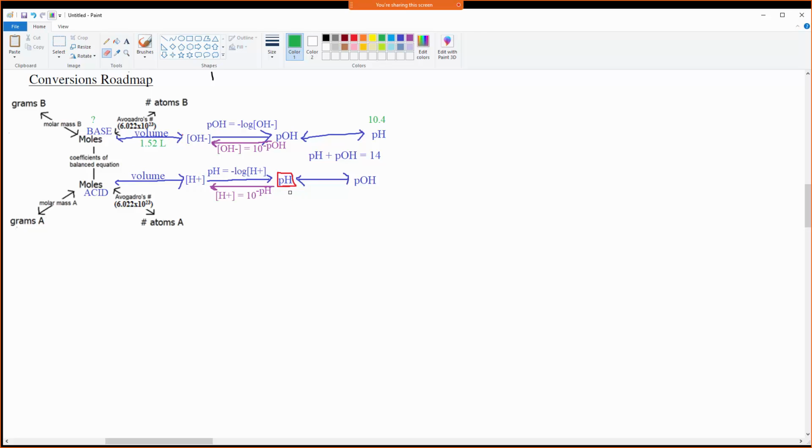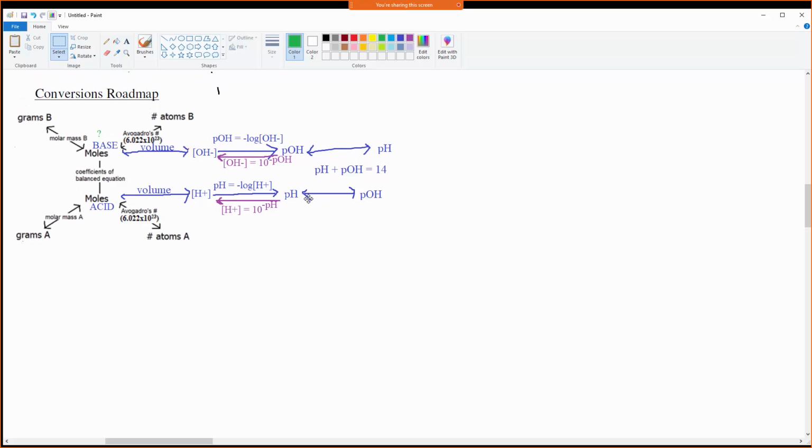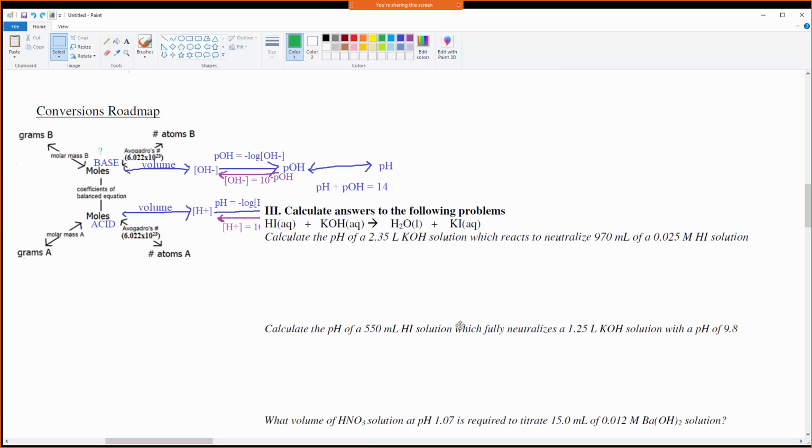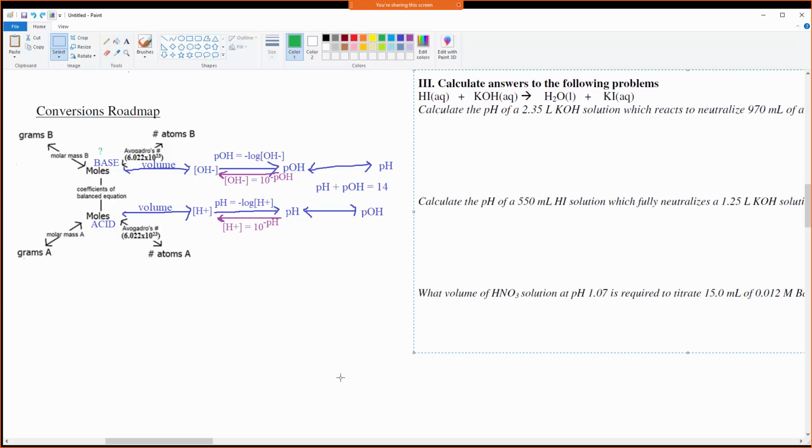This next section says, let's do a reaction with an acid and a base. And we can go all the way from here all the way up to here. We're going to go off-roading here and do a little bit more than we have already done. So this is section 3 from your worksheet here. I've got space over here.